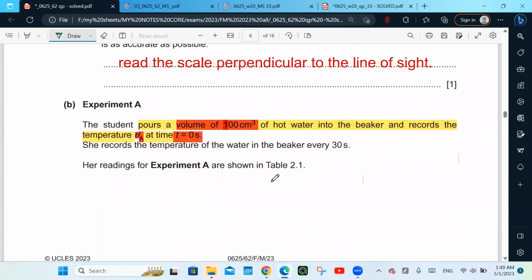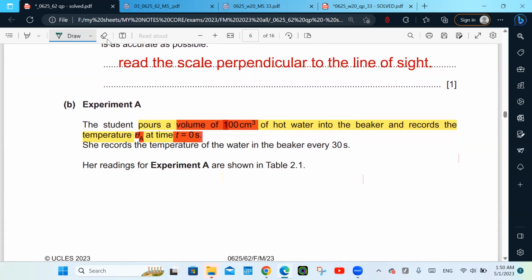In experiment A, the student pours a volume of 100 cubic centimeters of hot water into the beaker and records the temperature theta A at time 0 seconds. So be careful here.